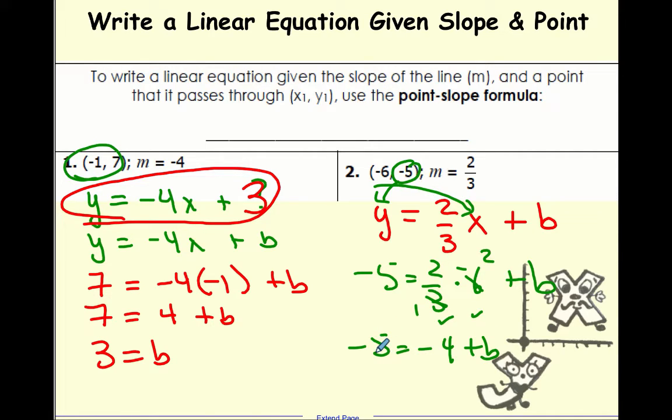And now I'm going to add 5 to both sides, giving me -1 is my b. So my equation, instead of having a b there, I can write as plus -1, or I could write it as -1. So my equation would be y equals 2/3 x minus 1.